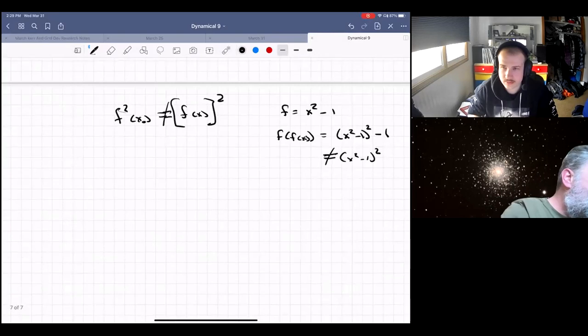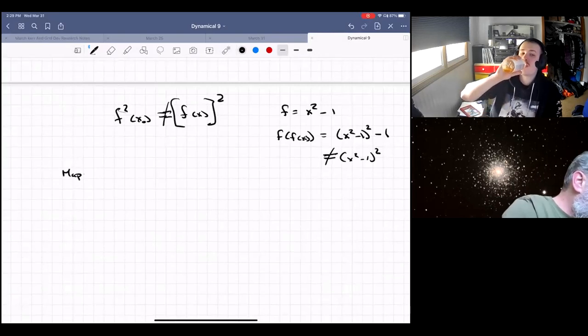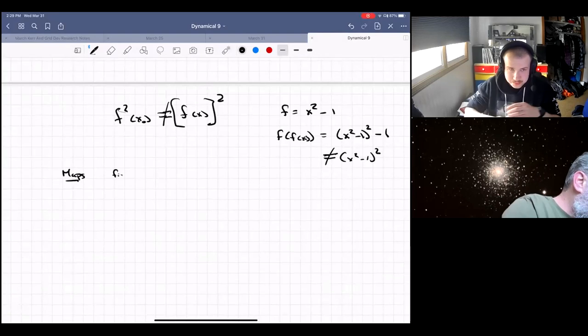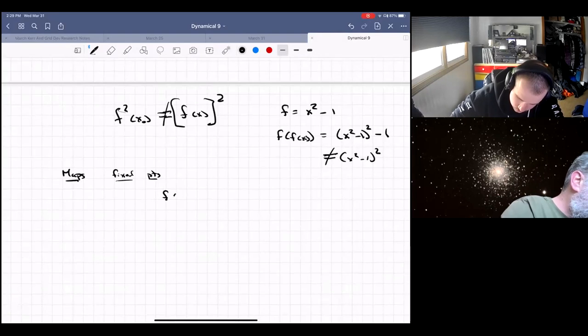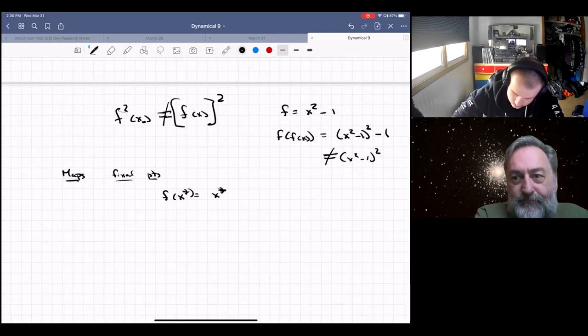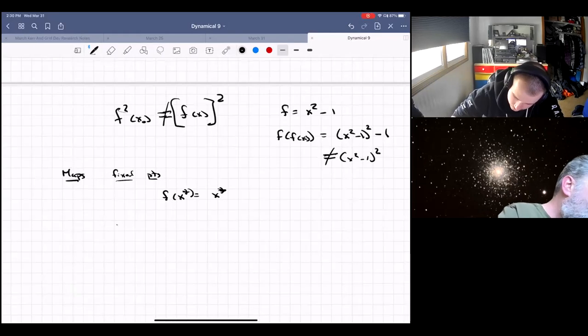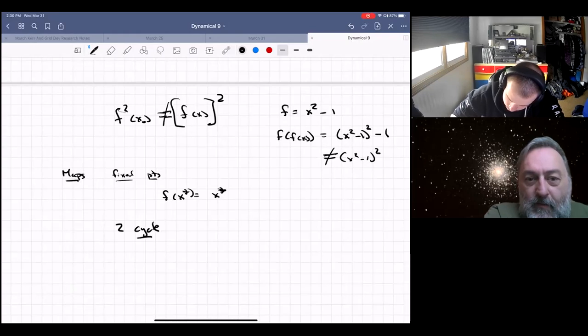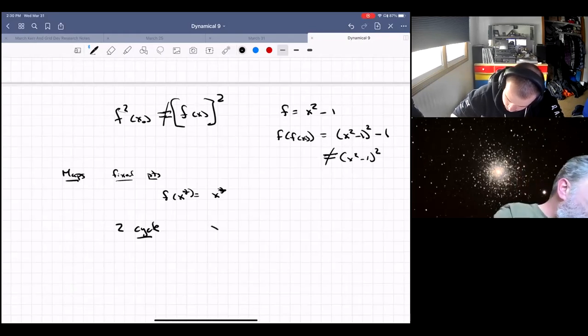Right. Okay. So you just want to be careful with that. Okay. So now in maps, you can have fixed points, which means that f of x star is equal to x star. So when you put the value of the function in, you get the value back. Okay. Yep. You can have a 2 cycle. A 2 cycle means that x2 is f of x1.